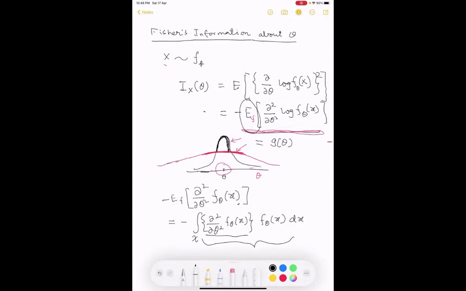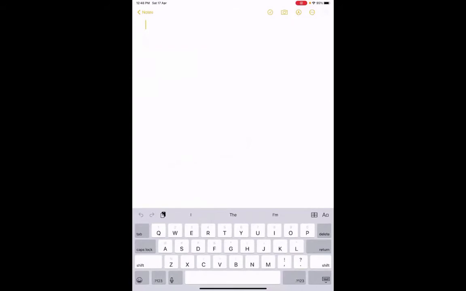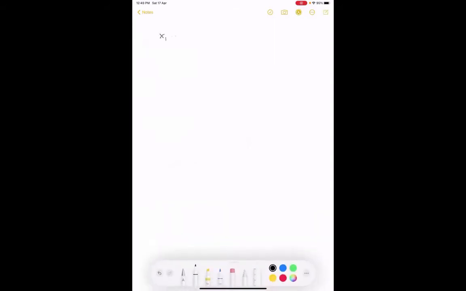So, okay, now we have said, all right, this is my single observation. Let us now move on to what will happen if I have n many samples. The way it is defined is that x1, x2, ..., xn are IID, independent and identically distributed random variables with some density f theta x.